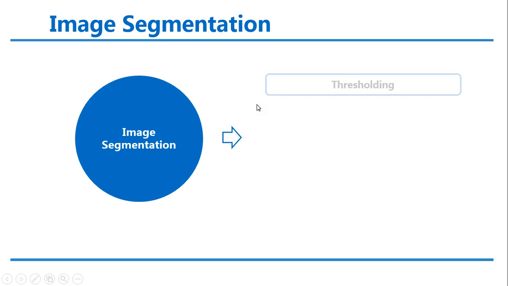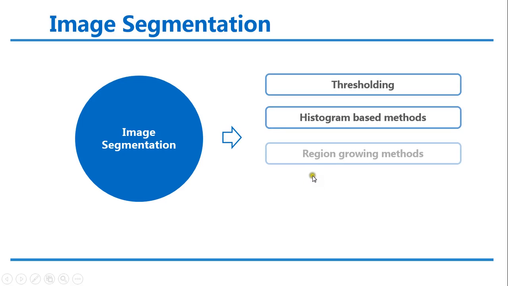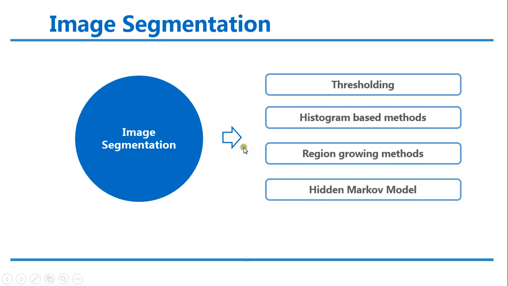There are plenty of methods to do image segmentation. Here I list some classical ones: the thresholding, the histogram-based methods, the region growing methods, and the leading one, the hidden Markov model.